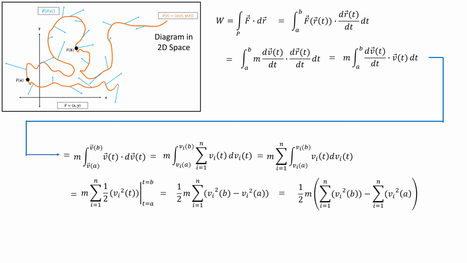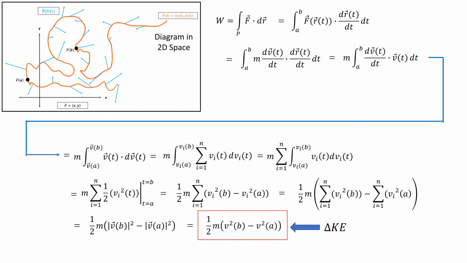And then we can obtain the formula for the difference in kinetic energy of our object between times a and b, which is half of the mass of our object multiplied by the difference in the squares of the velocities at the different time points.